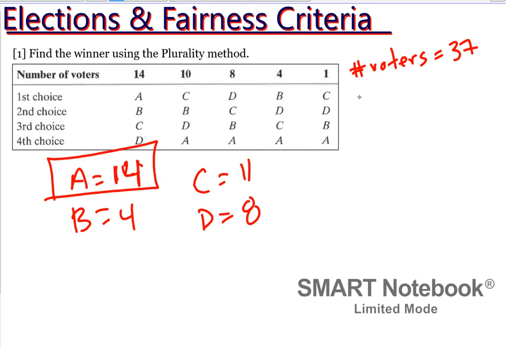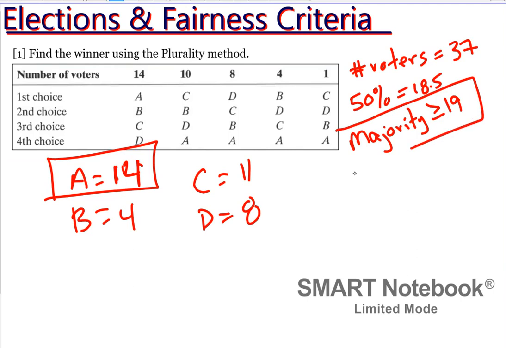And to have a majority means greater than 50%. So 50% is equal to 18.5 votes. So a majority is greater than 50%. A majority is greater than or equal to 19 votes. Since A has less than a majority, we call A a plurality winner.